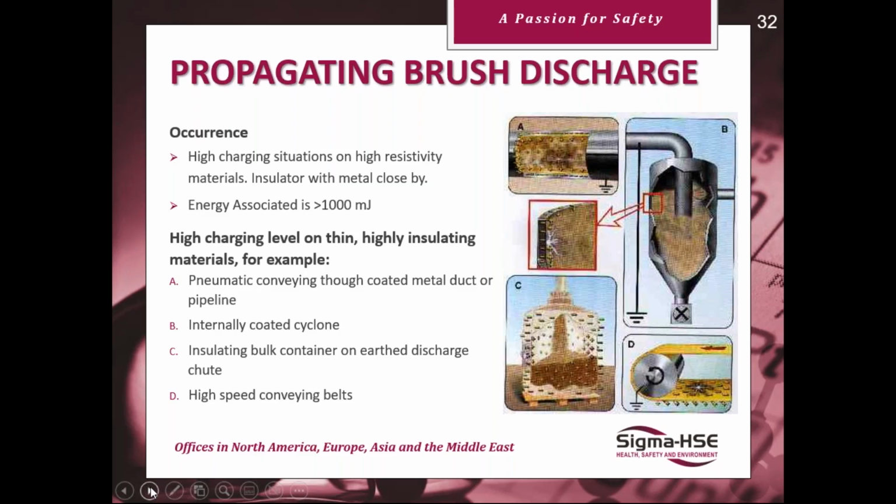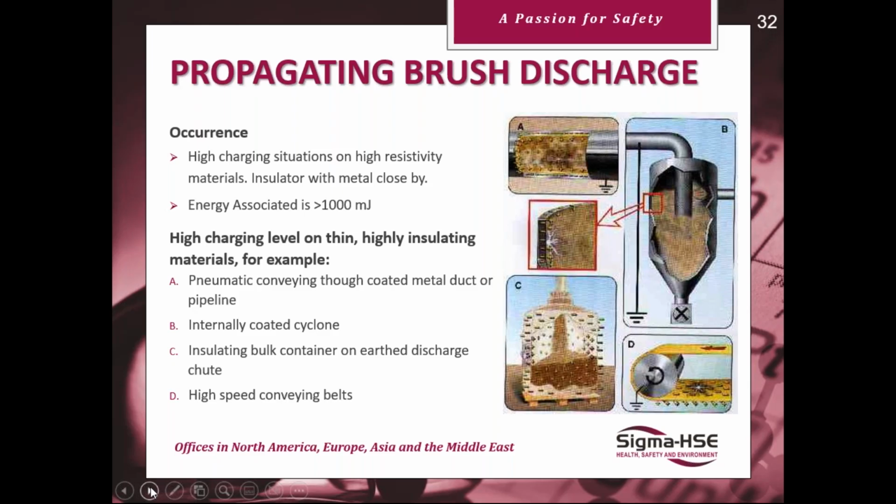If you're putting plastic pellets through a tube and you've got a bend, the pellets will smear around the bend and you run the risk of a propagating brush discharge. Internally coated cyclone, the same thing again, you've got a metal cyclone, you end up with thin deposits on the walls and you can run the risk of a propagating brush discharge.